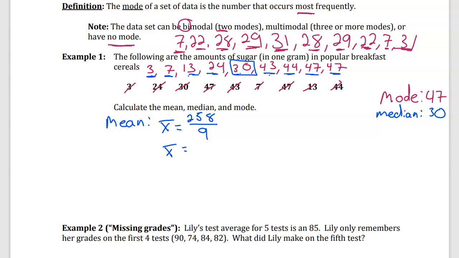And whenever I do that, 258 divided by 9, I'm going to get 28.6666 blah blah blah 7. And so I'll round to 28.7. You always want to keep one decimal more than what you have. So in this case, I have no decimals, so I want to keep at least one decimal. Okay?